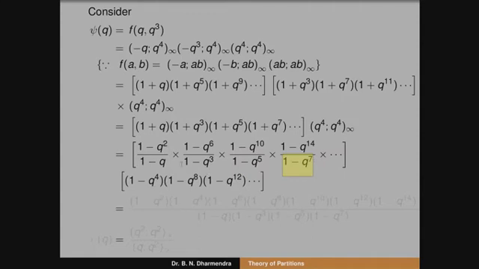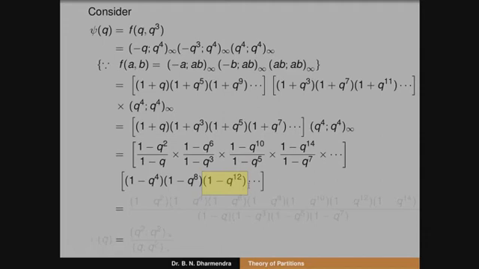But in the numerator, after 1 minus q to the power of 2, one term is missing, that is 1 minus q to the power of 4. So we have to multiply here 1 minus q to the power of 4, that is, only even numbers in the numerator. The next terms are 1 minus q to the power of 6, 1 minus q to the power of 8, again 1 minus q to the power of 10, again 1 minus q to the power of 12.